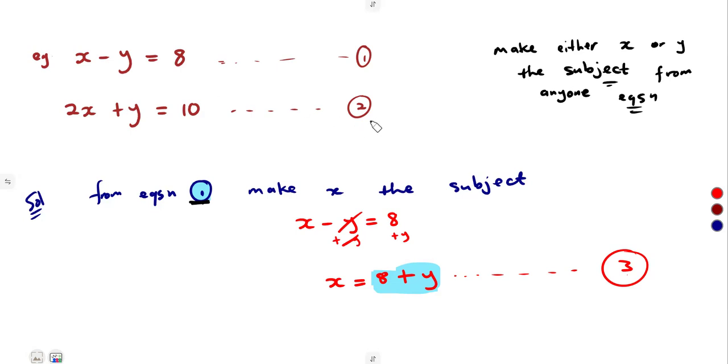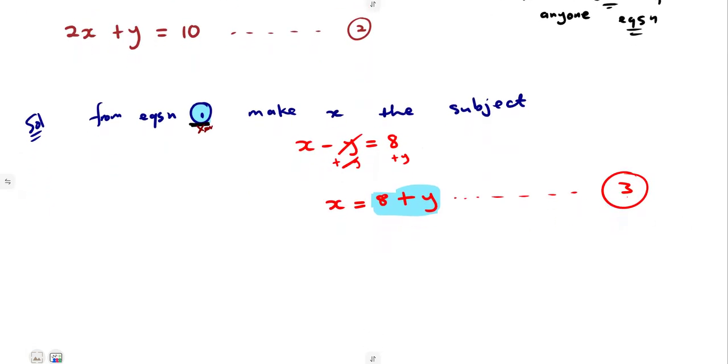If you made equation 2 the subject, you substitute into equation 1. If you made equation 1 the subject, you substitute in equation 2. That is the case. So here we are from equation 1. So we substitute in equation 2 whatever we have here as the subject.